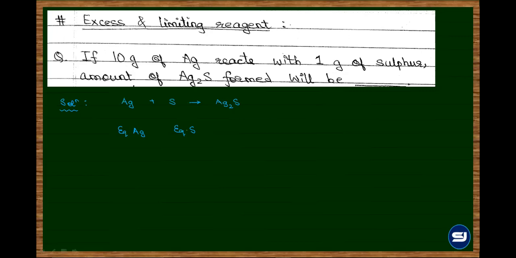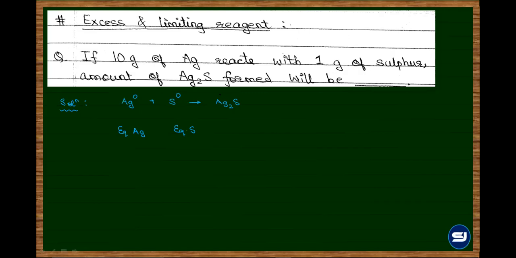And for N factor you need to have the oxidation number. So now follow the sequence what I'm saying. To understand the concept of equivalence we require N factor, and for a redox reaction N factor is based on oxidation state. So quickly tell me the oxidation number of Ag. 0. Bachelor wala hai. Sulfur 0.